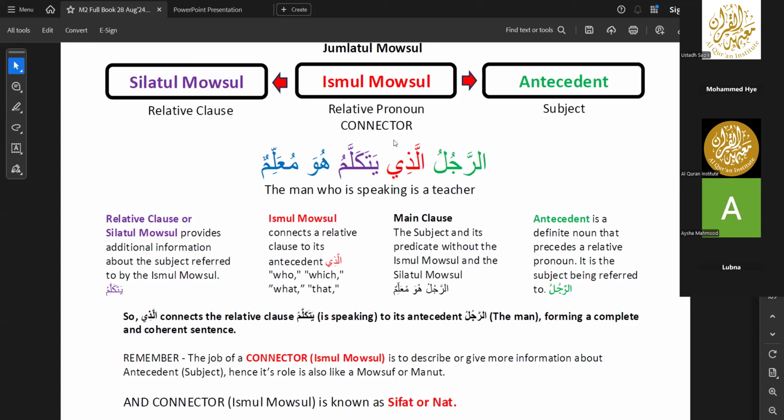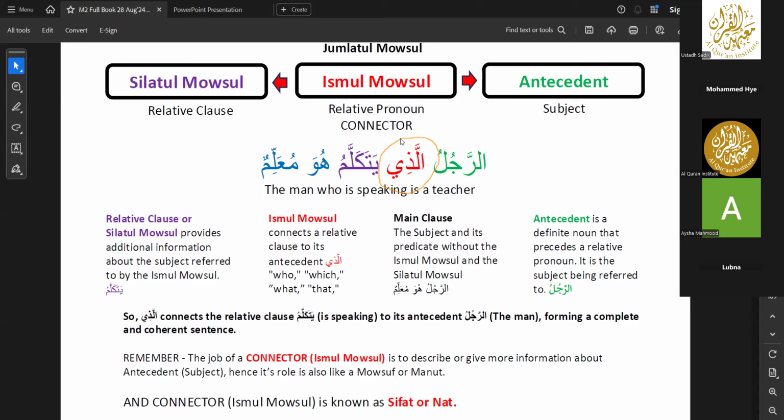When we have this additional part, it still makes sense without that, because we could have said Ar-rajulu huwa mu'allimun. Man is a teacher, and that would make sense. But here, additional information is given, and for it to make sense, we need a connector.